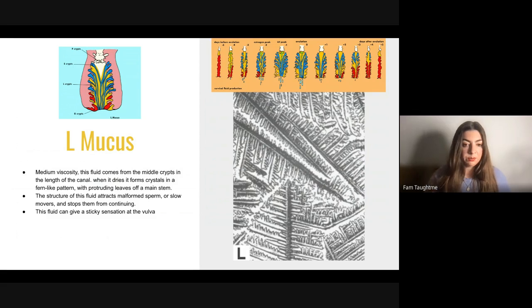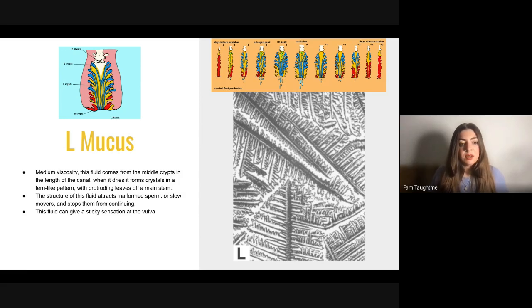Now let's look at L mucus. This is more of a medium viscosity that's represented in yellow in the upper chart. That's showing you the cervix from -5 days to ovulation in the middle, 0, and then +5 days after ovulation. The red was depicting the G mucus, and the yellow is what's seen here. It's kind of like the middle and upper crypts will have the L mucus in it.